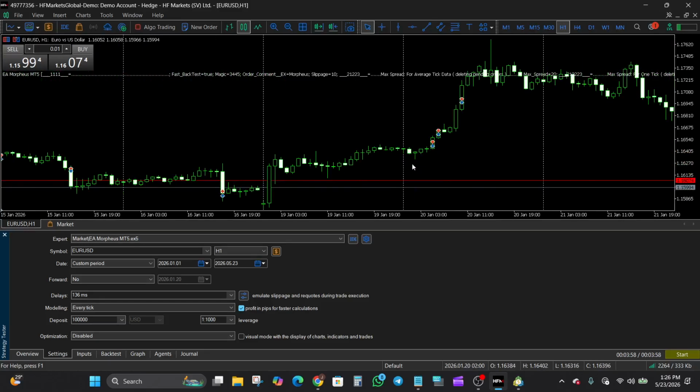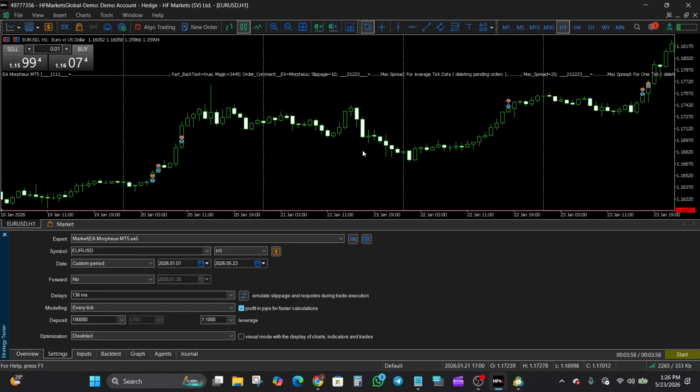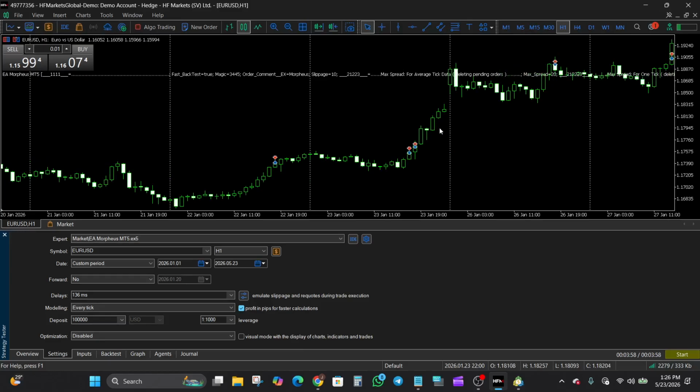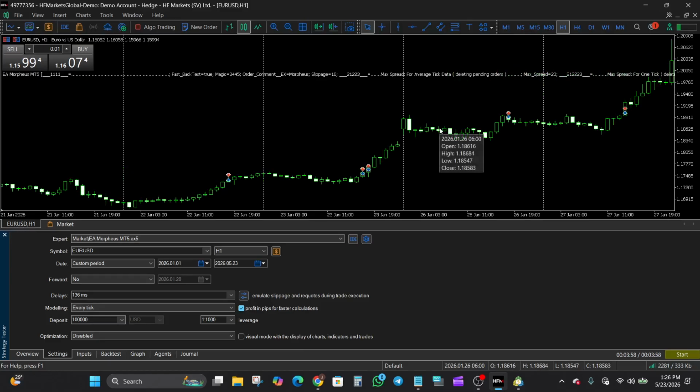As I scroll through the chart, I can see that trades seem to be triggered after price breaks a defined range, and the system appears to either catch continuation moves or quickly exit when the breakout doesn't follow through.